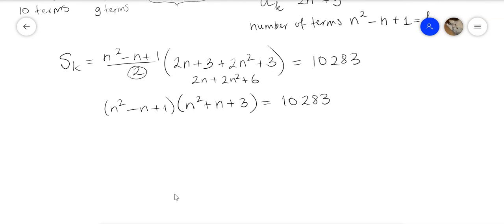So what we have to do now is a lot of multiplication. On the left-hand side we have n to the power 4 minus n cubed plus n squared. So I multiplied the first bracket by n squared. Now I'm going to multiply the first bracket by n: plus n cubed minus n squared plus n.